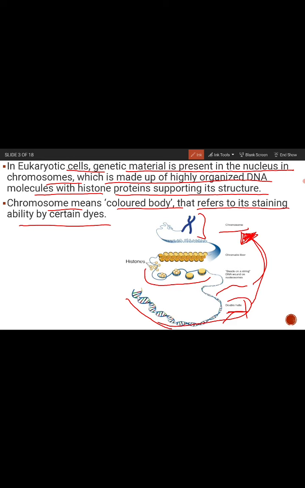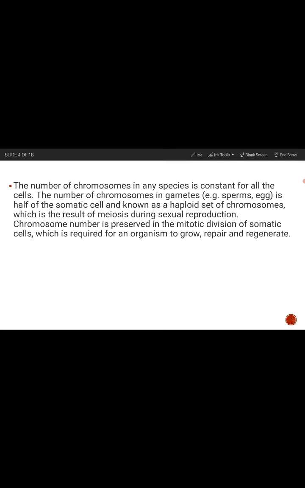Now as you can see, in prokaryotes the DNA is not folded into a chromosome, but in eukaryotes this happens. So the number of chromosomes in any species is constant for all the cells. The number of chromosomes in gametes, for example sperm and egg, is half that of the somatic cell and is known as the haploid set of chromosomes, which is a result of meiosis during sexual reproduction.